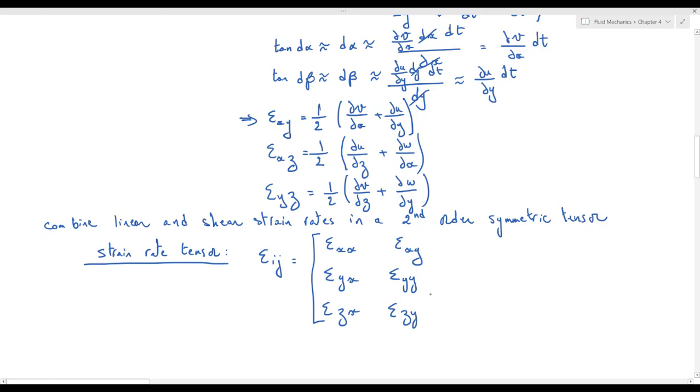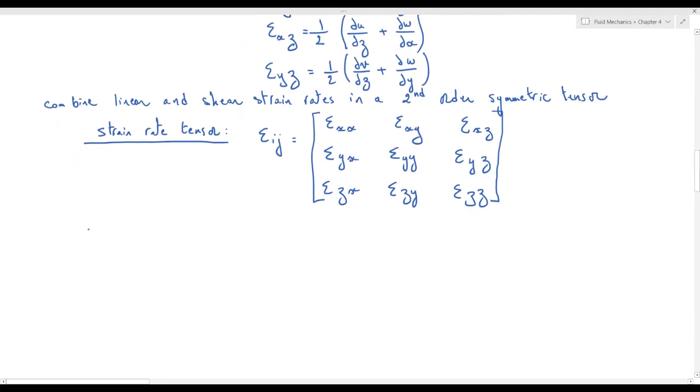The third column we will have epsilon xz, epsilon yz, and epsilon zz. So as you can see, the diagonal of this strain tensor is the linear strain rate epsilon xx, epsilon yy, and epsilon zz.